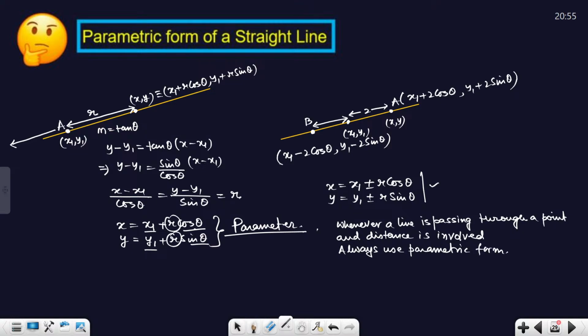This is a very important thing because nobody is going to tell you to use parametric or not. You must remember that whenever it's a question of a line passing through a point and a fixed distance or a distance is involved in the question, always use parametric form.